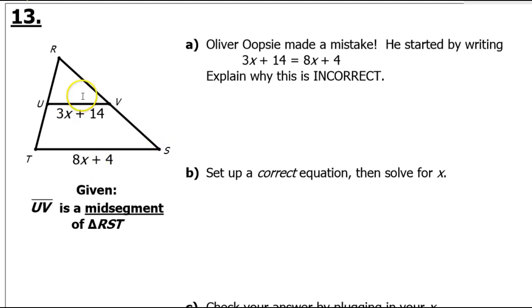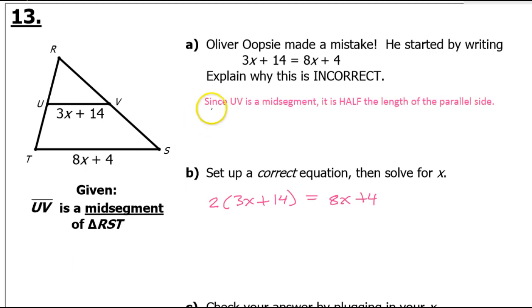So these are not congruent. These lengths are not equal. The real deal is if I double the length of the midsegment, all right, if I did 2 times 3x plus 14, then that should equal the other side, 8x plus 4. All right, so they're not just simply equal.